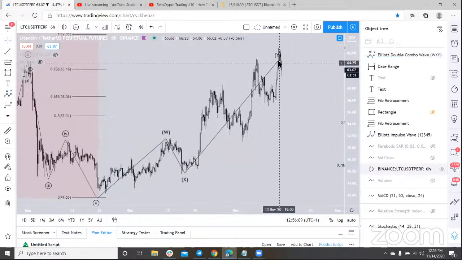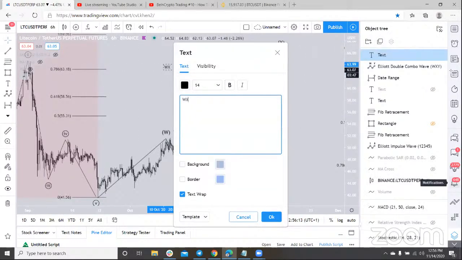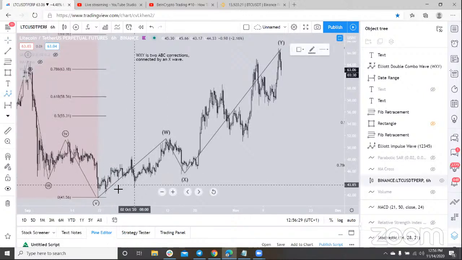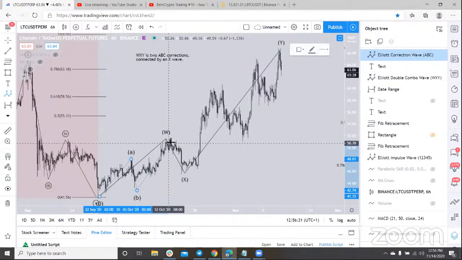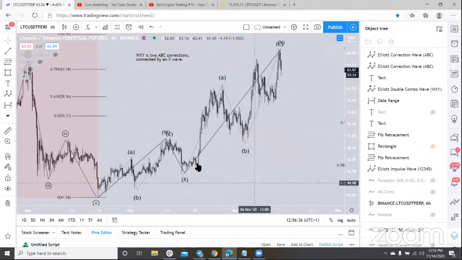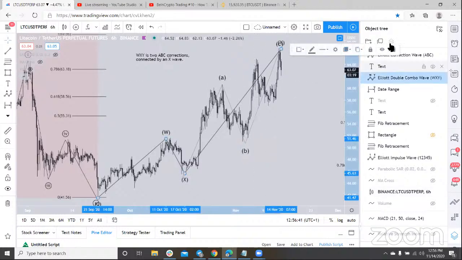But WXY is just two ABC corrections. Now this is explained in the Elliott wave, I think. I'm not sure. Elliott wave webinar. So basically it's this, ABC here, and ABC here. So we have that. Let me again clean this up.